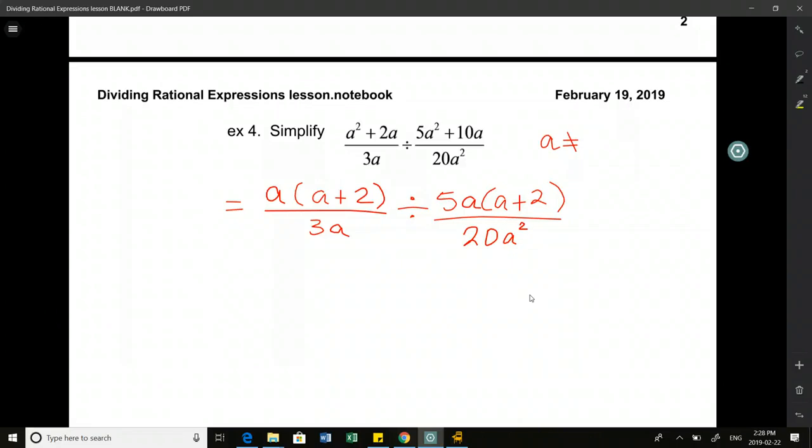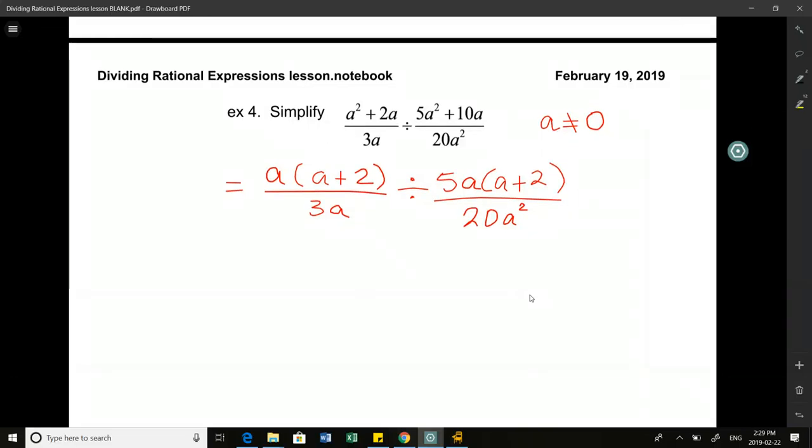Initial restrictions here. 0 is the only initial restriction that we have, actually. Yeah, that's right. So it's not -3. Why is it not -3? Yeah, 3 times -3 doesn't give us 0, right? It gives us -9. So 3 times 0 gives us a denominator of 0. Same thing over here. 0 squared is 0, and then times 20, that's 0, right?